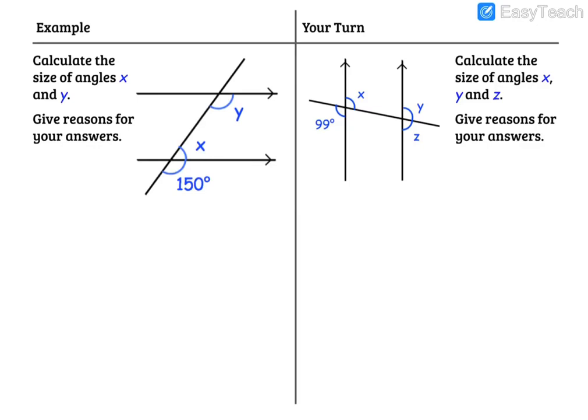I reckon that this here is a straight line. That's a straight line through there. So I reckon that these angles here are going to have to add up to 180. So if I've got this one here being 150, I can do 180, take away 150, which I reckon is going to give me 30.